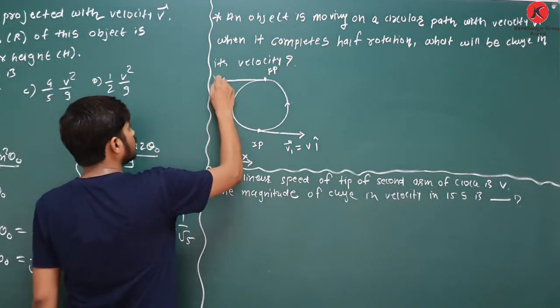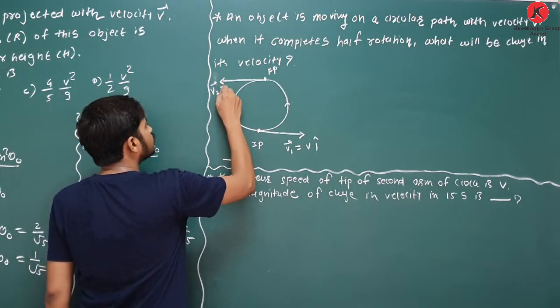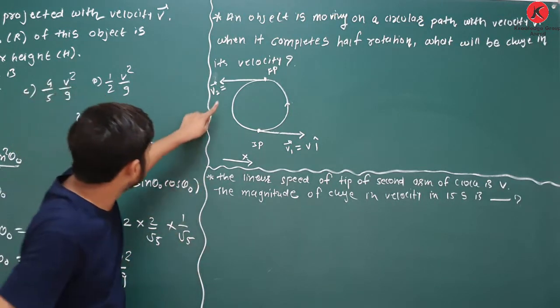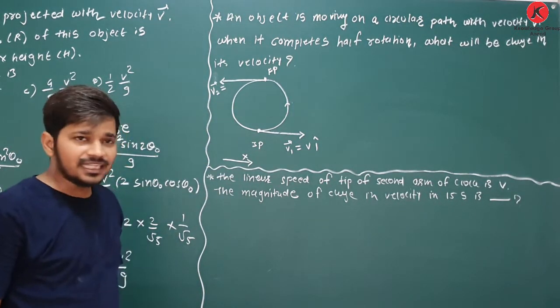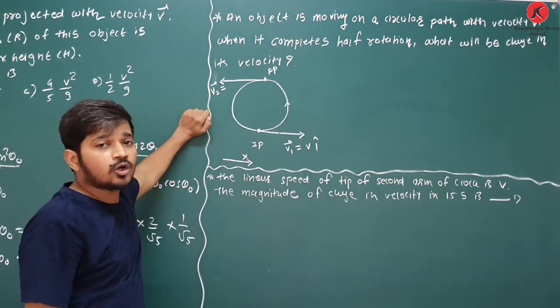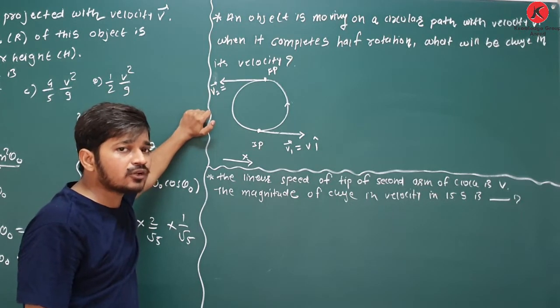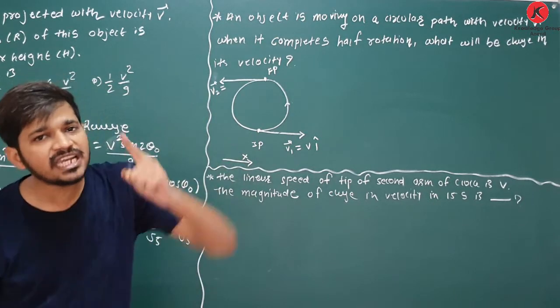That is v2. Then how to write this v2? Students, if you observe, this v2 is in the opposite direction of v1. We know that when it is moving on a circular path, speed, meaning the magnitude of velocity, remains the same, only direction changes.